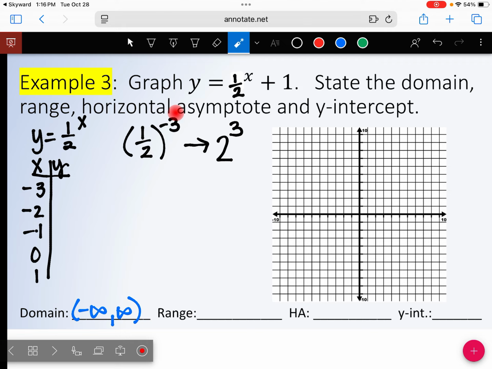So 1/2 to the power of -3 is the same as 2 to the power of 3, which is 8. And then moving down, I'm just dividing by 2 over and over again. So if I start with 8, what's half of 8? 4. What's half of 4? 2. What's half of 2? 1. What's half of 1? 1/2. That's my parent.